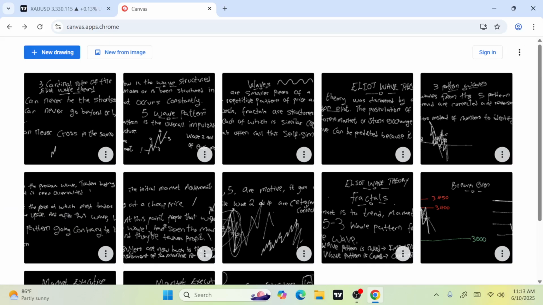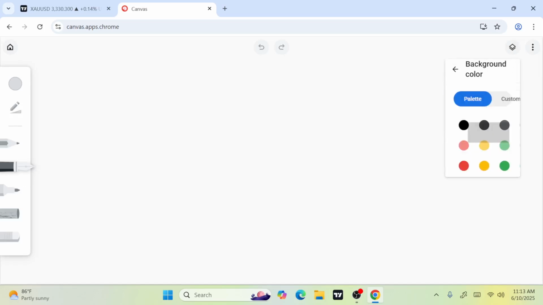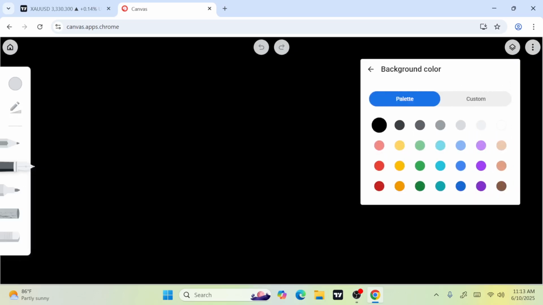Wait. Let me give you a new page and explain. Now, you have wave 1, right? Everybody look at the board. You have wave 2. You have wave 3. Now, where is the price area of wave 1?